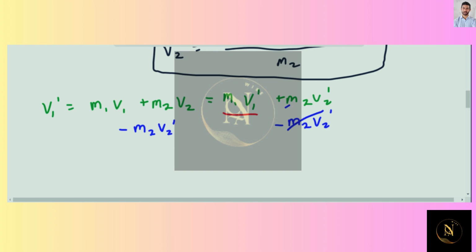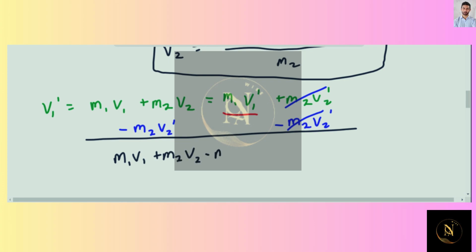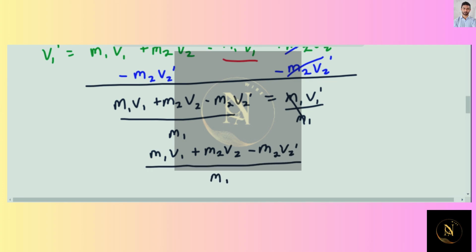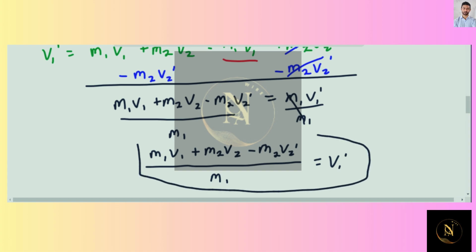And as you can see, it's not a like term, so we're going to bring down m1 v1 plus m2 v2 minus m2 v2 prime, and this is equal to m1 v1 prime. So now, because v1 prime is getting multiplied by m sub 1, we simply divide both sides of our equation by m sub 1. So that leaves us with m1 v1 plus m2 v2 minus m2 v2 prime, and this is all getting divided by m sub 1. So now we've solved this equation for v sub 1 prime.